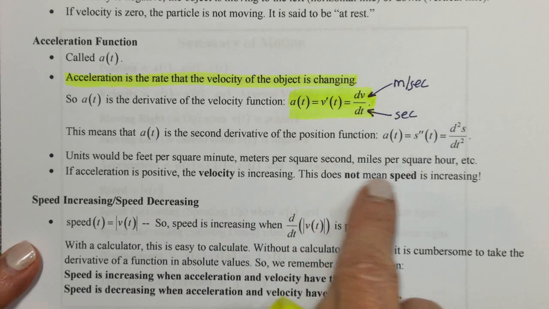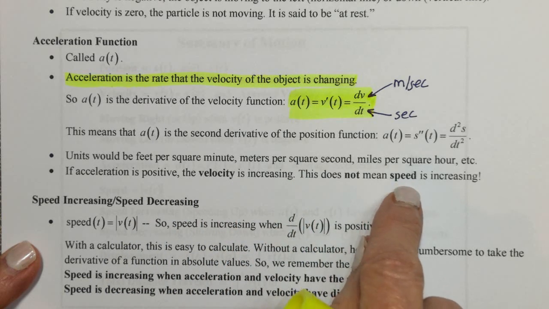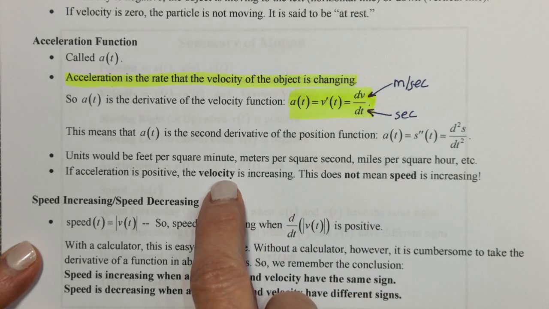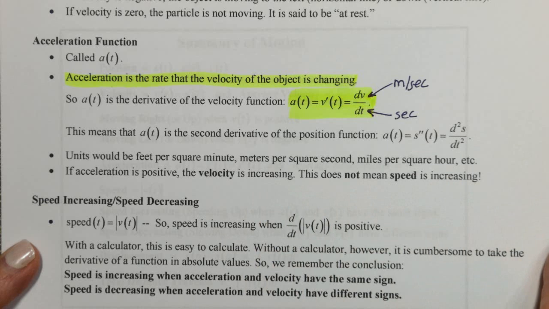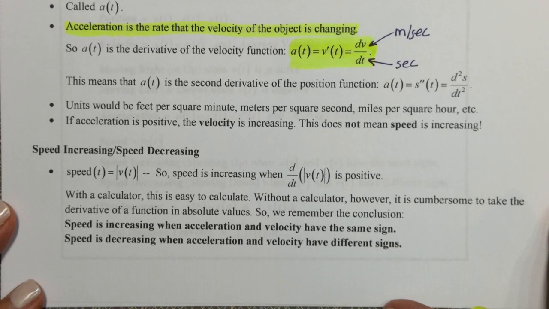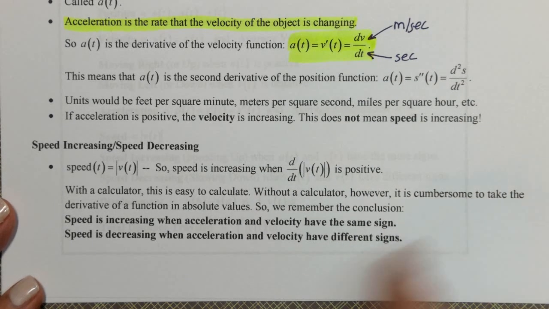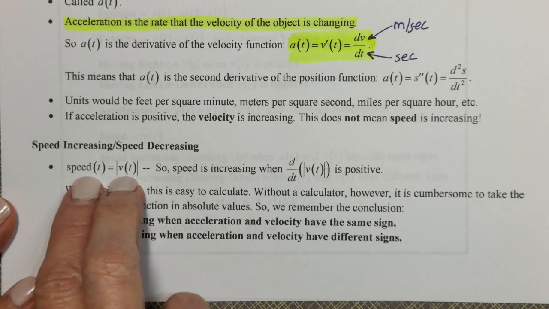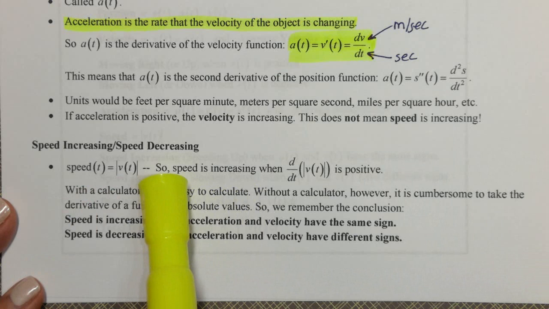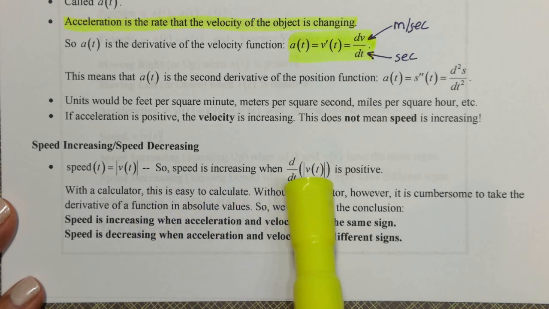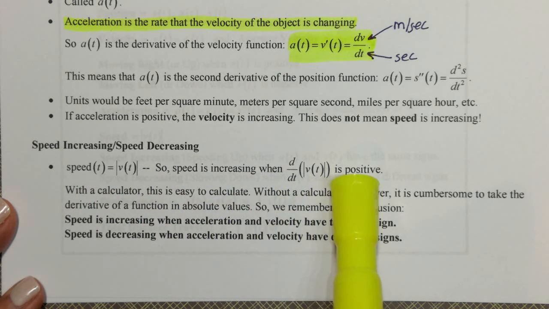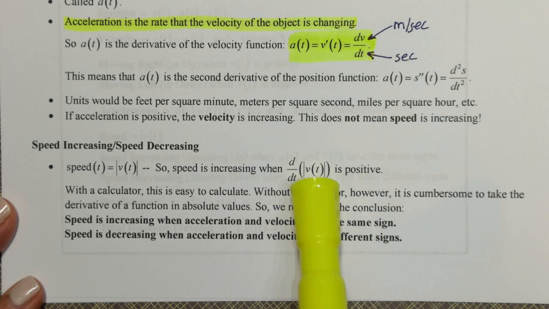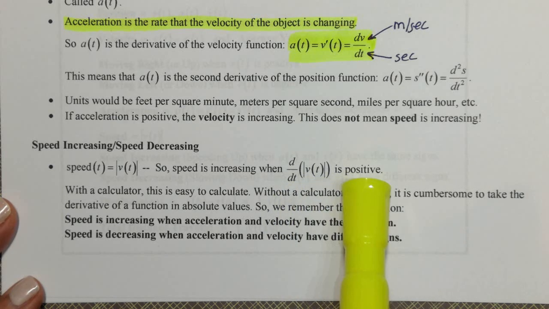That does not mean that speed is increasing, because speed is not identical to velocity. To determine if speed is increasing or decreasing, we need to look at its derivative. Speed is the absolute value of velocity. So speed is increasing when its derivative is positive, when the derivative of the absolute value of velocity is positive.